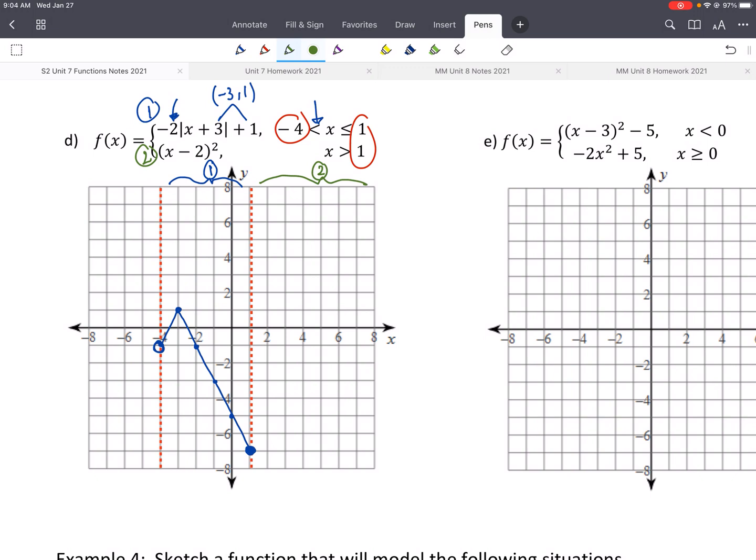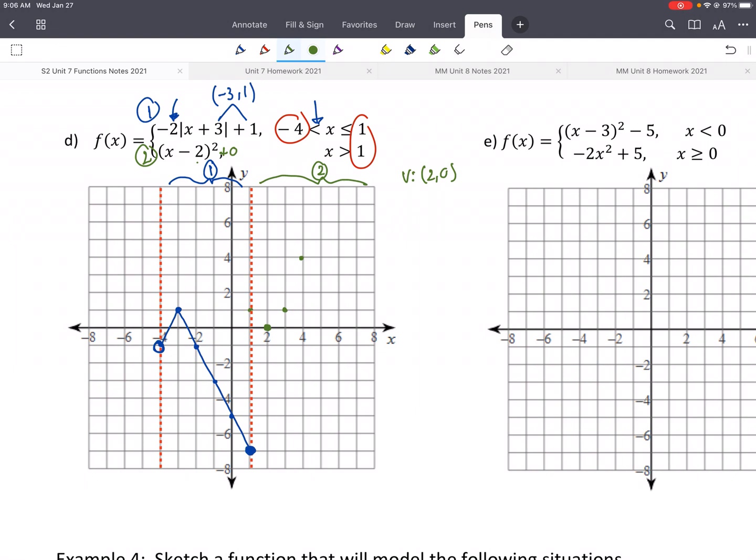It's also in vertex form where h is 2 and k is 0. So our vertex here, I'll write it over here, the vertex is 2, 0. So 2, 0. And then we'll use our growth pattern. Here a is 1, so we go over 1, up 1, and then 3, and then 5.